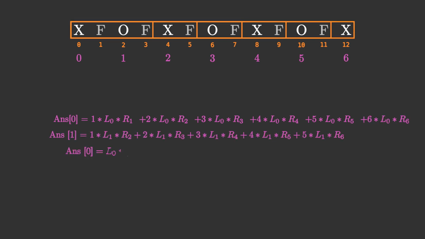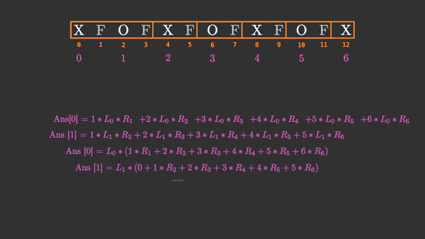Similarly, if you calculate answer 1, that means if you start from the O, your answer will look like this. Again, after simplifying answer 0, you will see that you can take common L0 value and then multiply other values by having the summation of this.